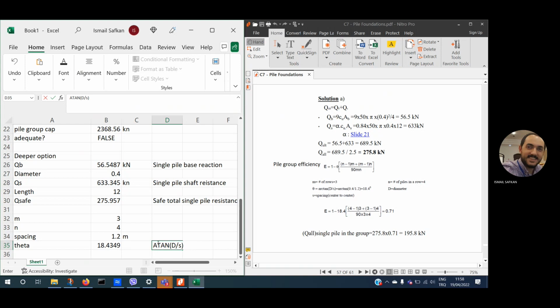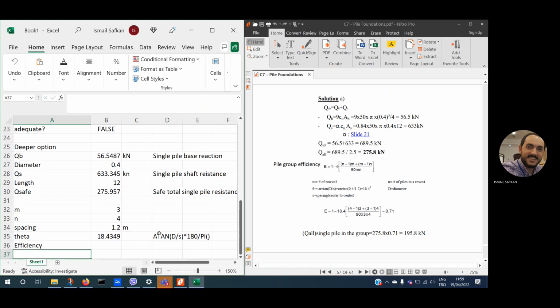For Excel, because it calculates in radians, you need to multiply by 180 and then divide by pi, 3.1415. This is pi. Okay? Now we know theta. Anything else? No, just efficiency.